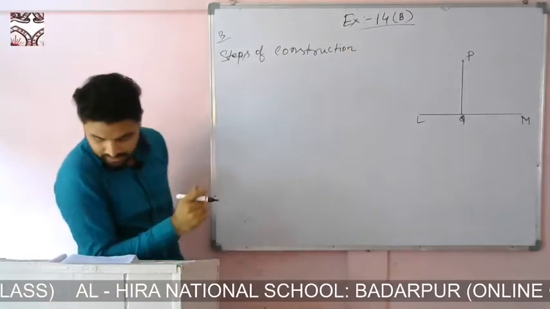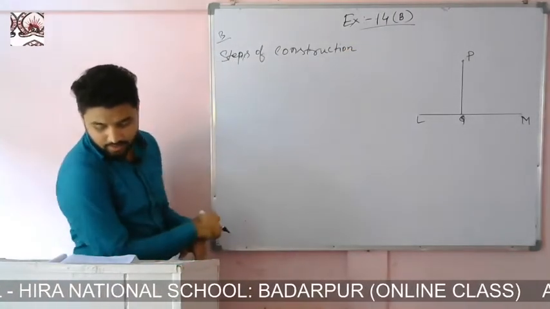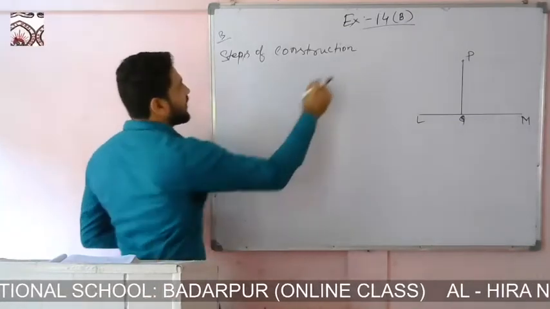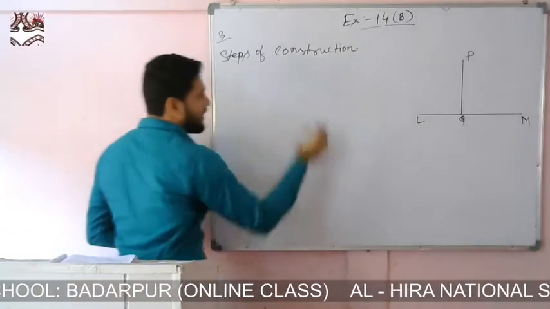Using a set square, construct a perpendicular from P to the line LM. Steps of construction, you see.